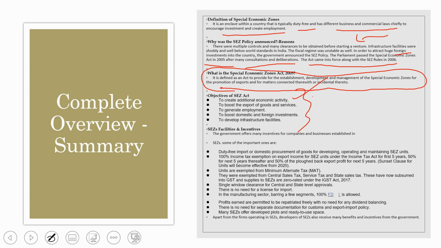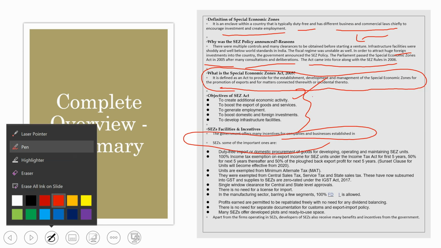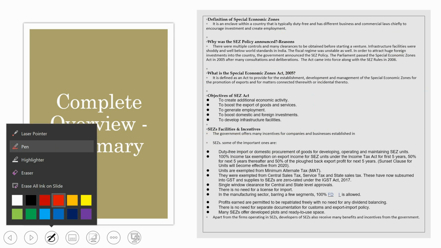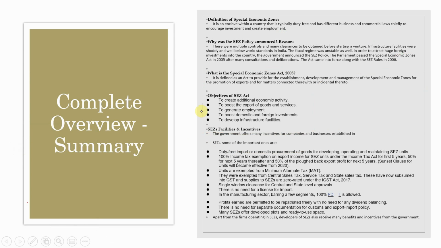And SEZ facilities and incentives: the government offers many incentives for the companies and businesses established under the SEZ, and some of the important ones are duty-free import or domestic procurement of goods for developing, operating and maintaining SEZ units, and 100% income tax exemption on export income for SEZ units under the Income Tax Act for the first 5 years.